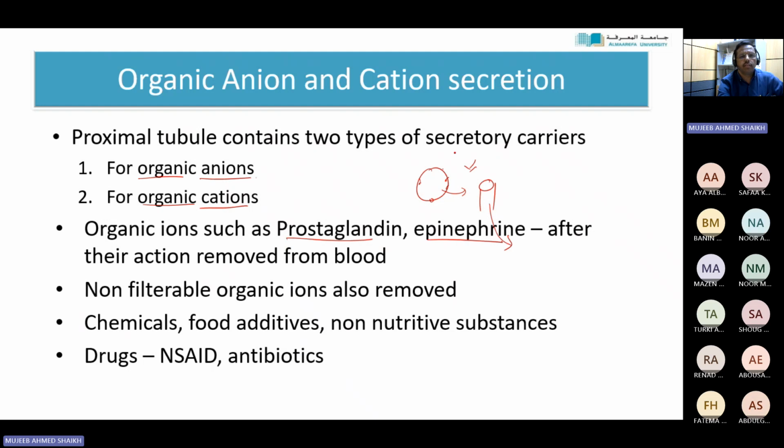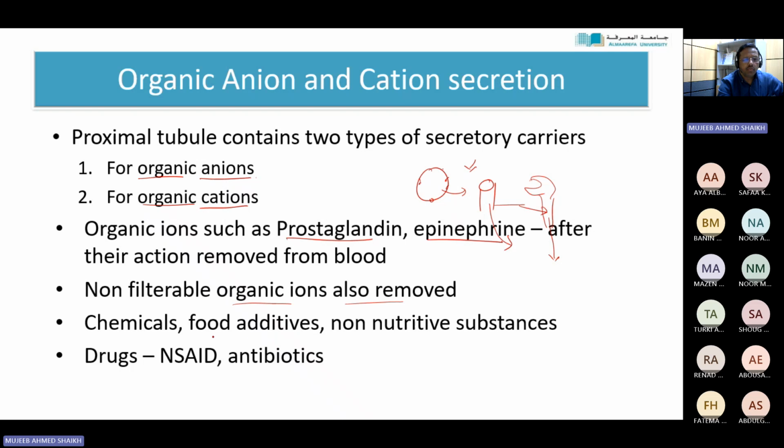This is one of the ways, that is secretion. So it will be secreted back into the renal tubule, and then it will be removed from the body. Examples are prostaglandin and epinephrine. After their action is done, they are removed from the body by secretion. Even some non-filterable organic ions are also removed by this process.